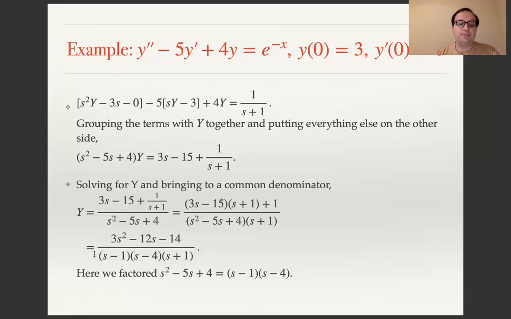On the bottom, we don't want to carry out the multiplication, we want to factor the denominator. So instead of s squared minus 5s plus 4, we write it as s minus 1 times s minus 4. And then it's times s plus 1, which was a separate factor.